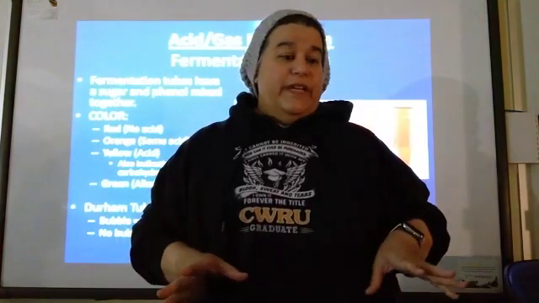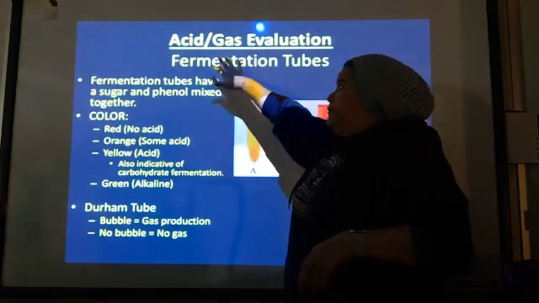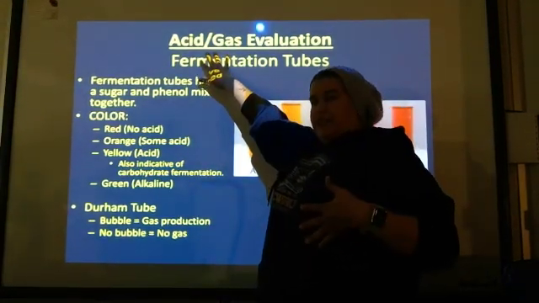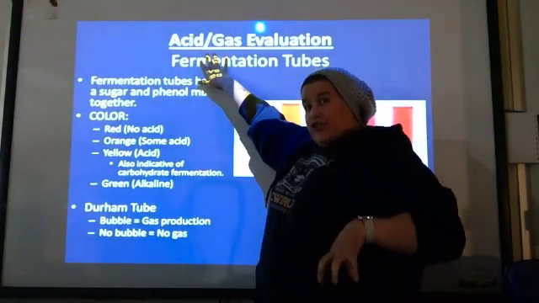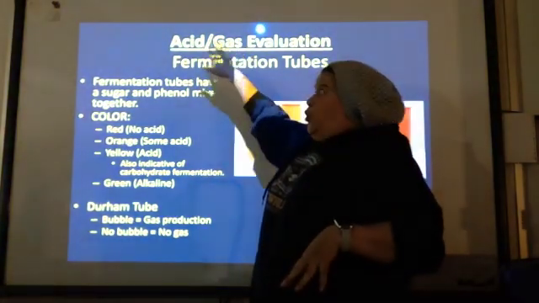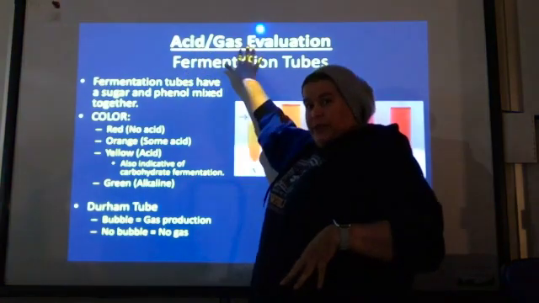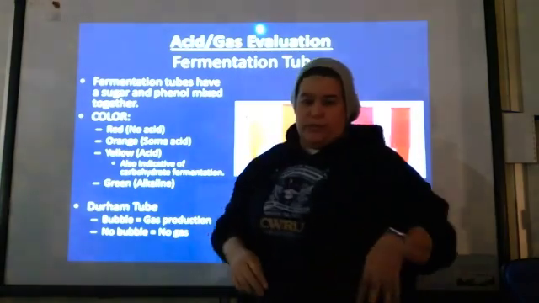The first series of tests we are going to do is for acid formation, to prove that my bacteria are eating the sugar inside of a tube. And then gas evaluation. When they're doing this, do they produce gas? Fermentation tubes.